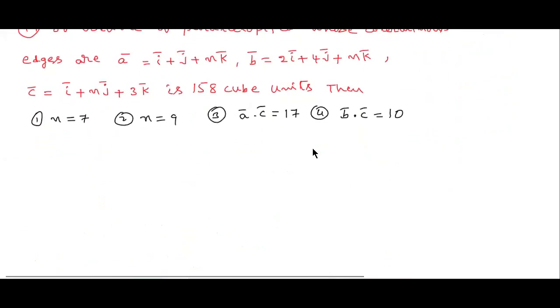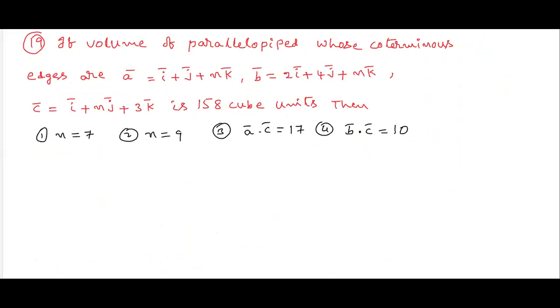Next, I am going to see the question. The 19th one. What is given? If the volume of the parallelepiped whose coterminous edges are A bar, B bar, C bar is 158 cube units, then, so here, volume of parallelepiped, what is the formula?